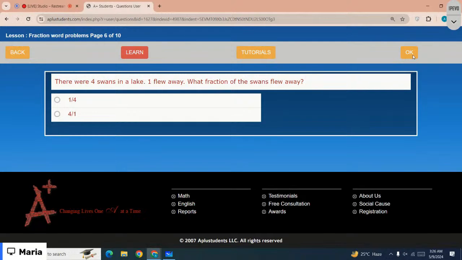There were four swans in a lake. One flew away. What fraction of the swans flew away? Which is the correct option?